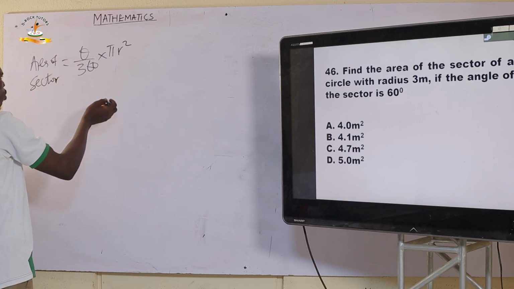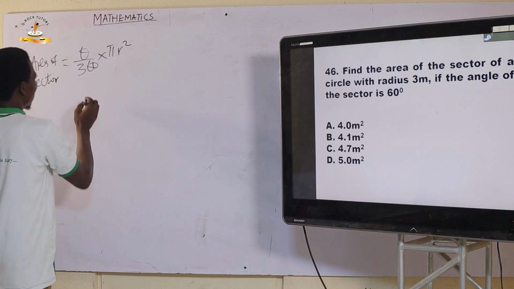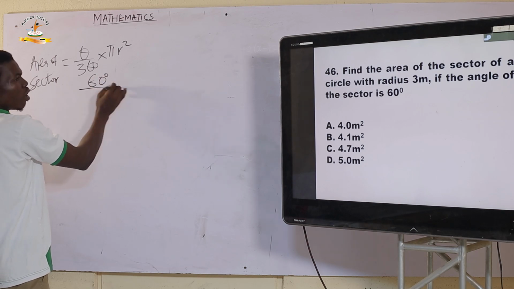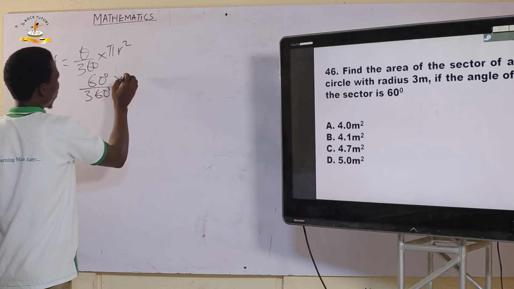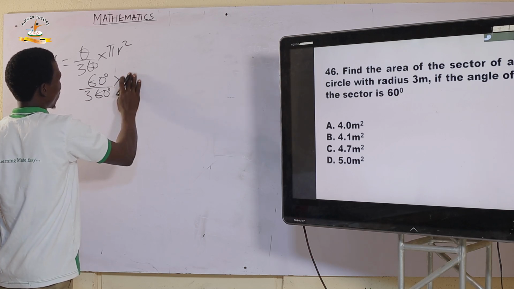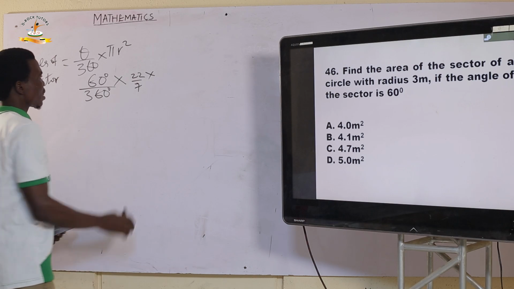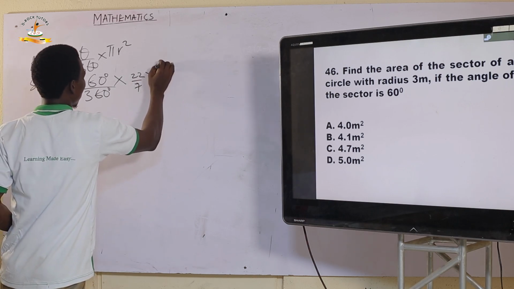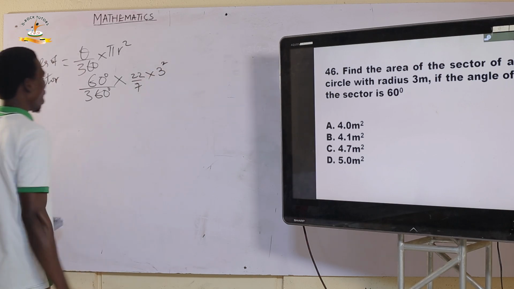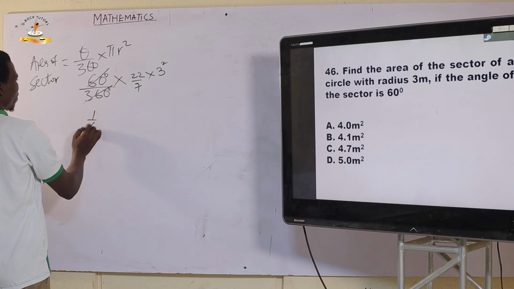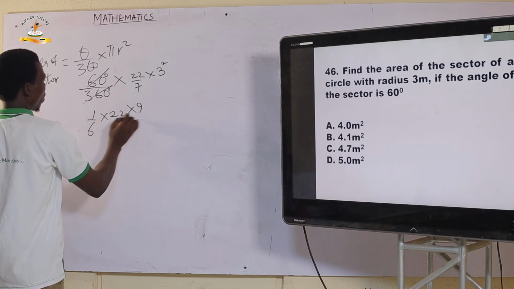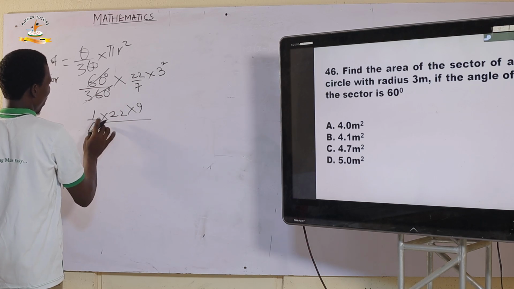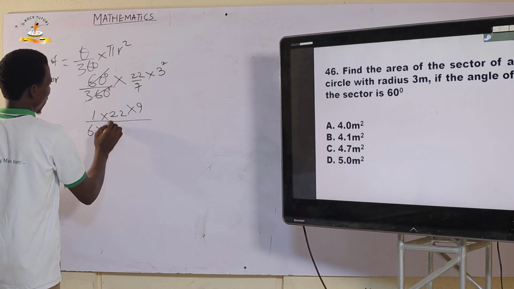So let's see. This is the area of the sector, and this time around we'll give theta to what? 60 degrees all over 360 degrees times pi is what? Pi is 22 over 7 times what? 3 squared, that is 3 times 3, and this is going to be what? 1 over 6 times 22 times 9 all over 7, or let me say 6 by 7.